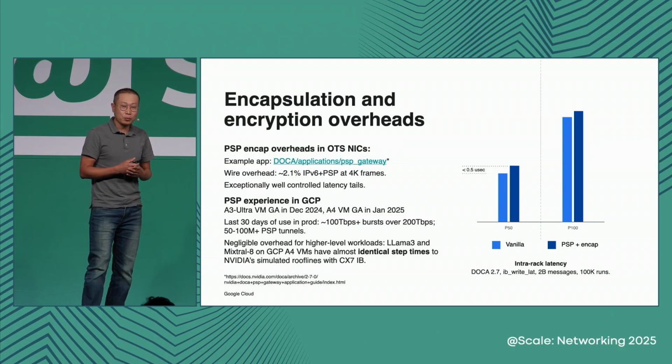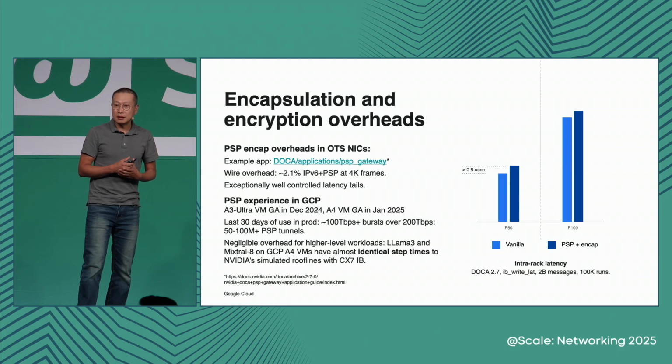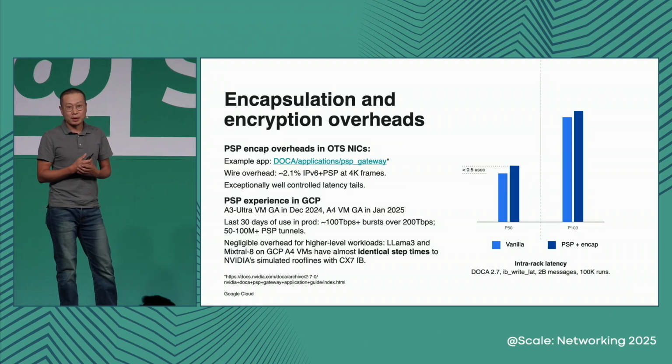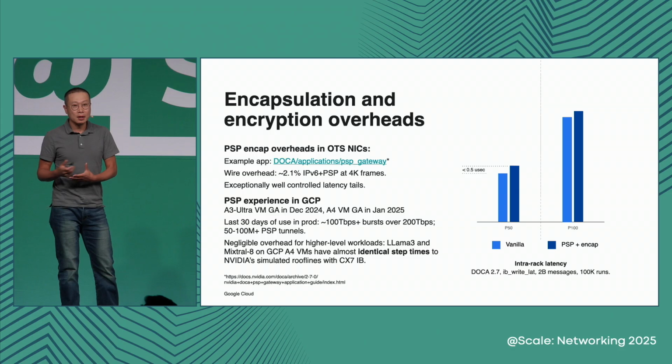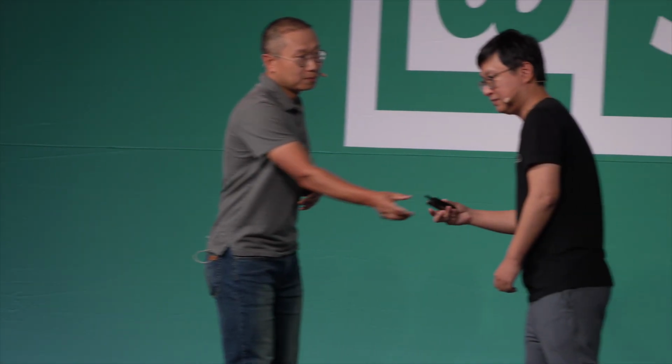We also measured the performance overhead with real training workload benchmarks as well as NCCL tests. Surprisingly, at the NCCL test level, for example, we confirmed that our performance is actually slightly better than NVIDIA reference performance, mainly because this latency overhead is negligible. And second, we made some further enhancements to our transport. Okay, back to Weilong.